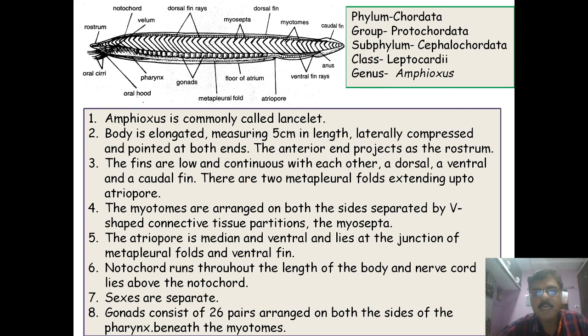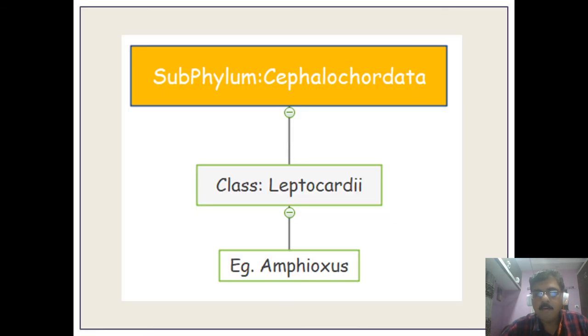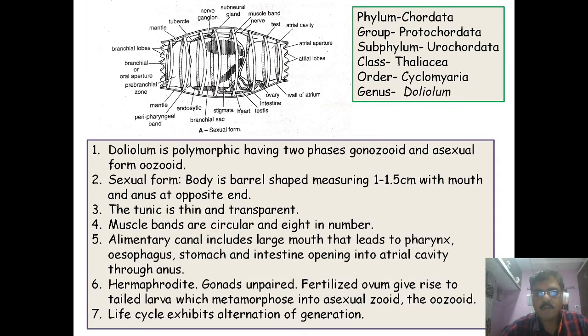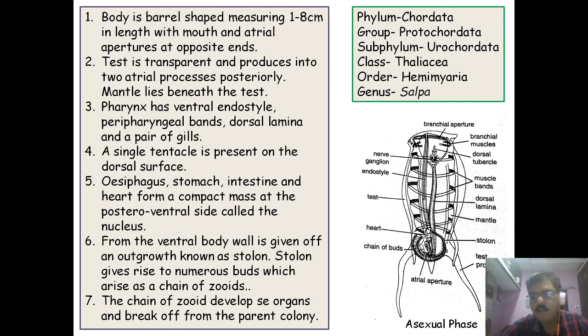In Protochordata, the first diagram you have to draw is of Herdmania, and write down its characteristic features and the classification. The second diagram that you have to draw is the Doliolum. Then you have to write down the characteristic features and the classification. Third, you have to draw the asexual phase of the Salpa.